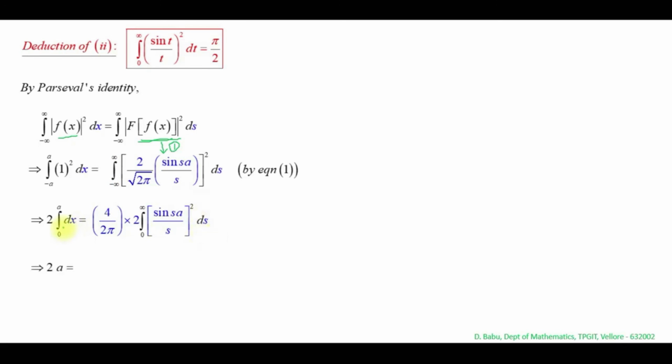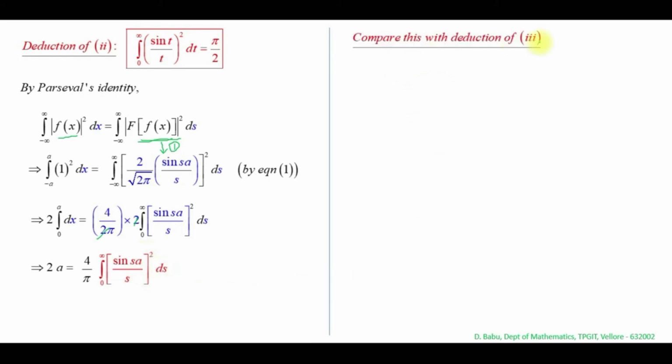So this implies after integrating we have a equal to, now 2 gets cancelled, so this is 4 divided by pi, integral of sin sa divided by s the whole square into ds. Compare this with deduction 2, this red one with this red one. Here the numerator is sin t, there the numerator is sin sa, therefore substitute s equal to t and a equal to 1.